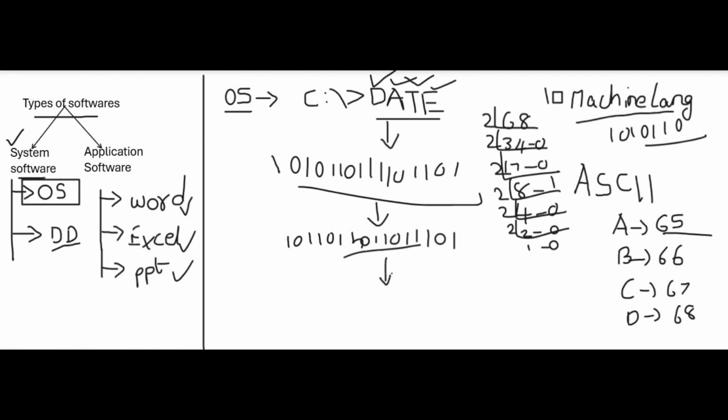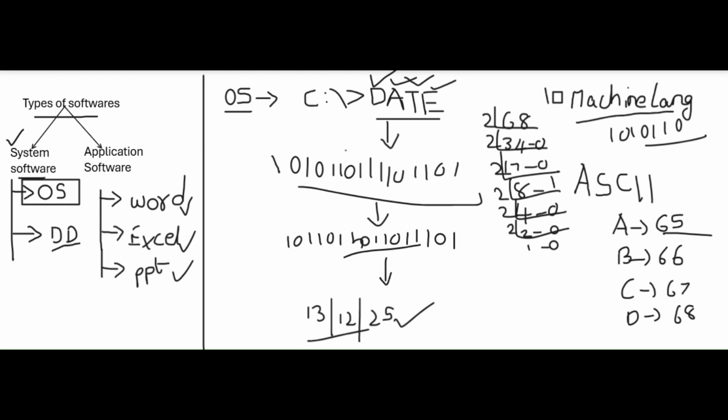This has to be somehow converted into the proper date. For example, today's date is 13th December 2025. It will be converted into human readable language. Now you can simply read and understand this date.